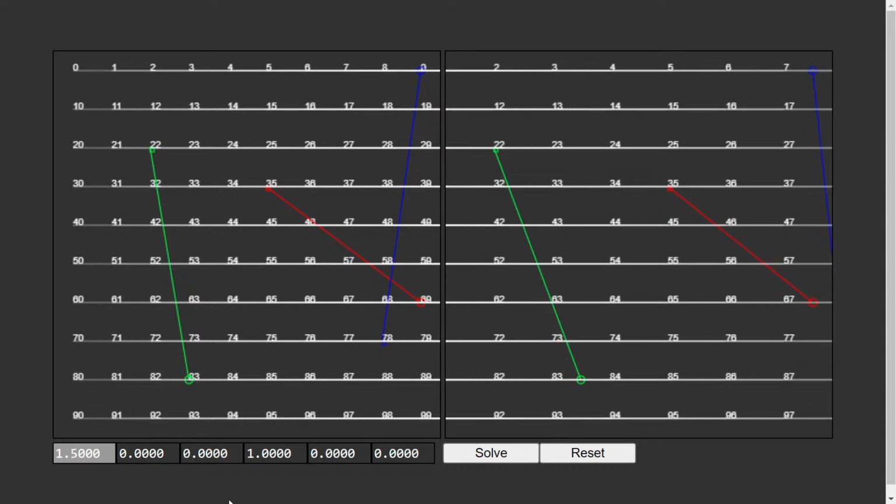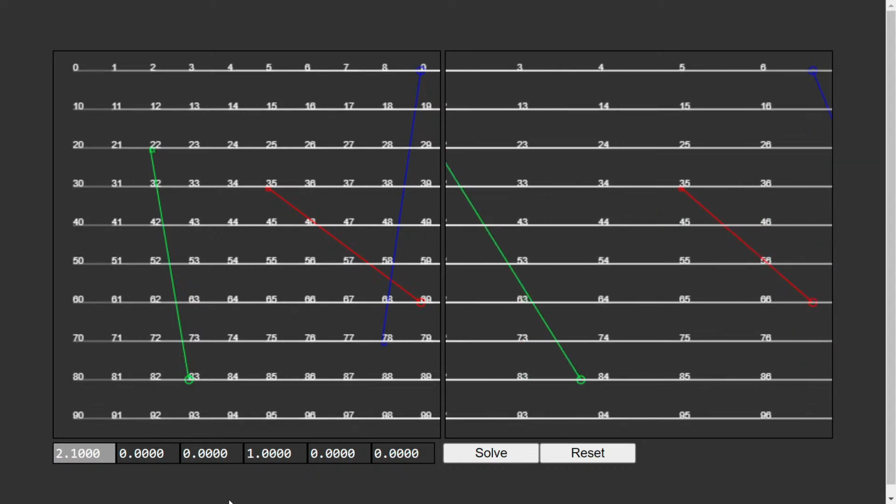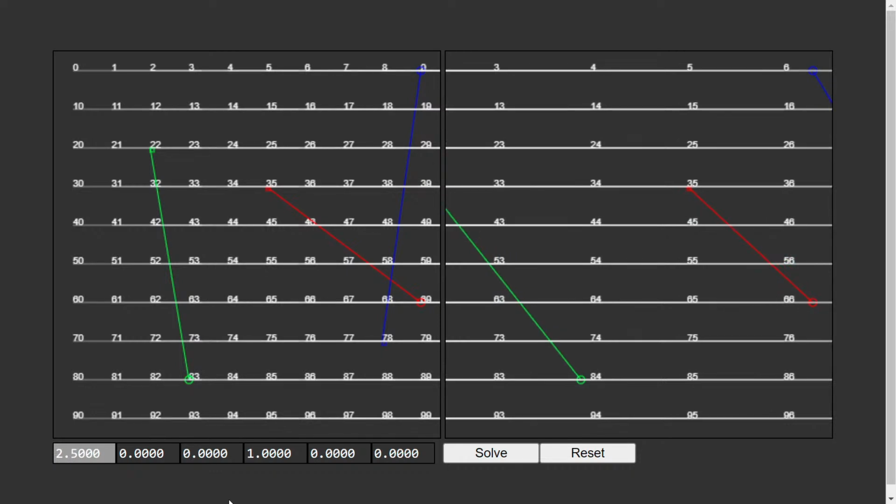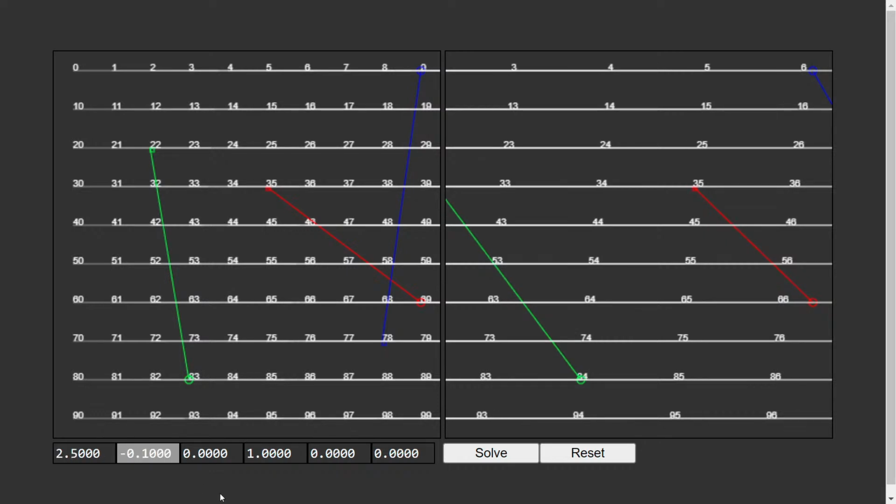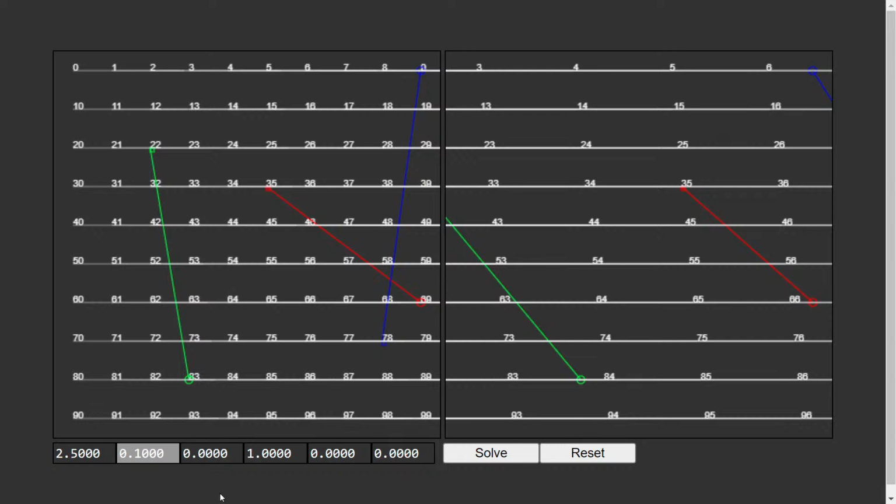It scales everything crazily. And I don't remember the rest of them. This was down 0.5, I think. Okay, that shears it. It was negative 0.5, I think.